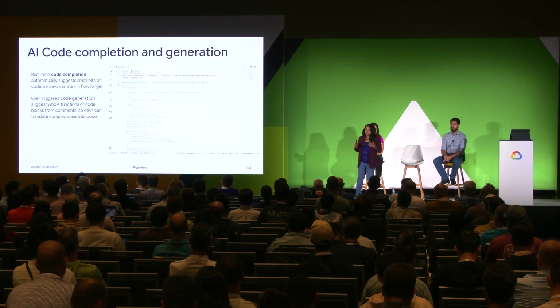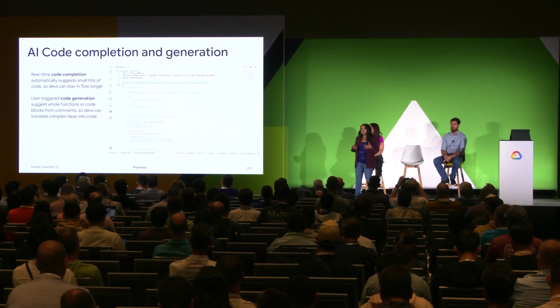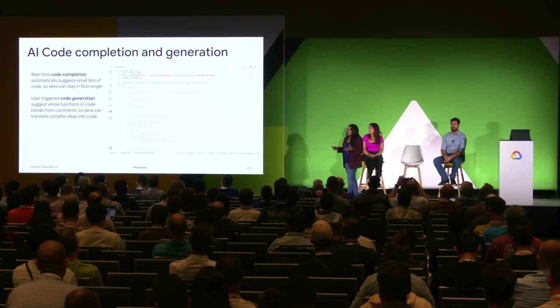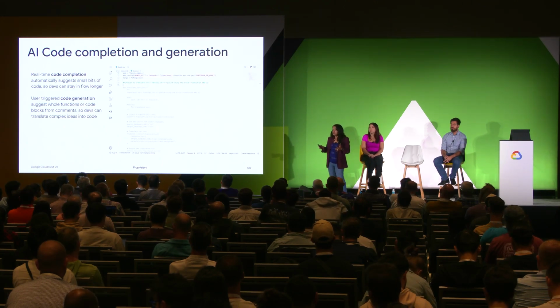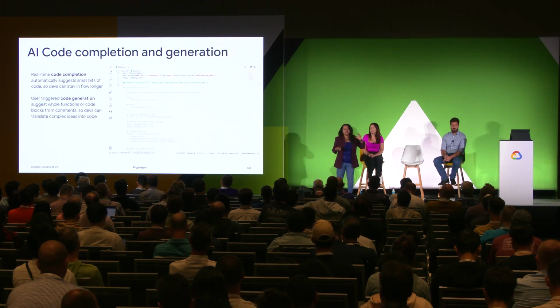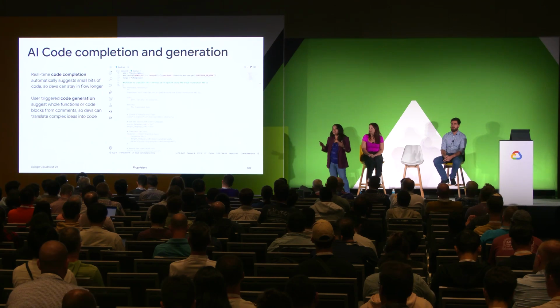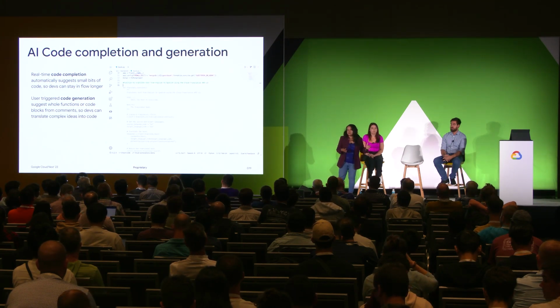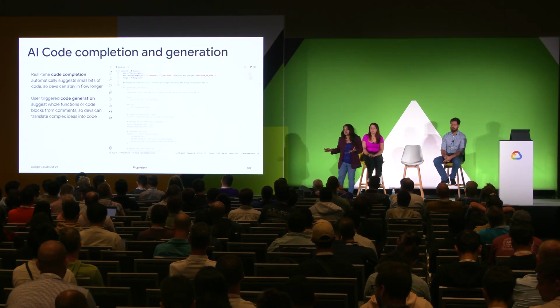At that point, when we are sending that information back to the large language model, we have to make a determination in terms of how much of the prefix, the code before the cursor, and how much of the suffix should we send back to the language model. And typically prefix is more important, what came before is more important, but suffix is important also. So that's just one of many decisions that need to be made.